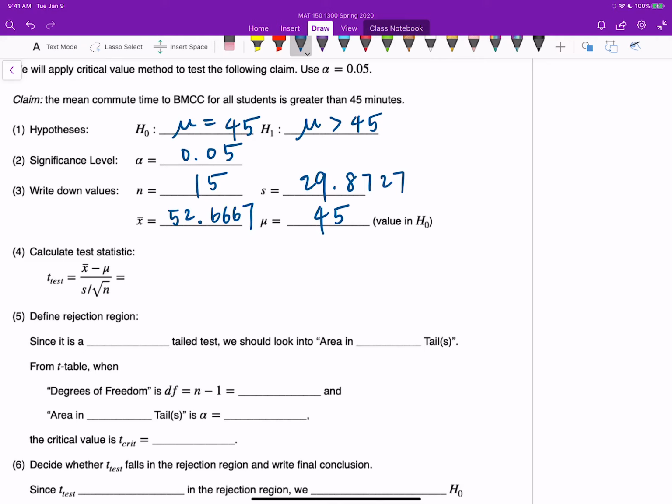It's 52.6667, our sample mean X bar, minus mu, which is 45, divided by the standard deviation, 29.8727, divided by the square root of n, which is 15. Let's compute this on my calculator. You're also going to compute it. Let's see if we get the same answer.